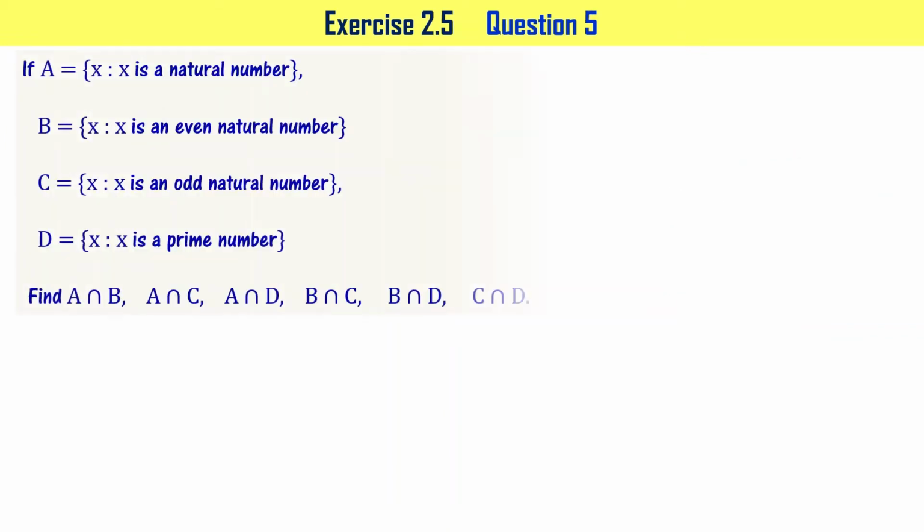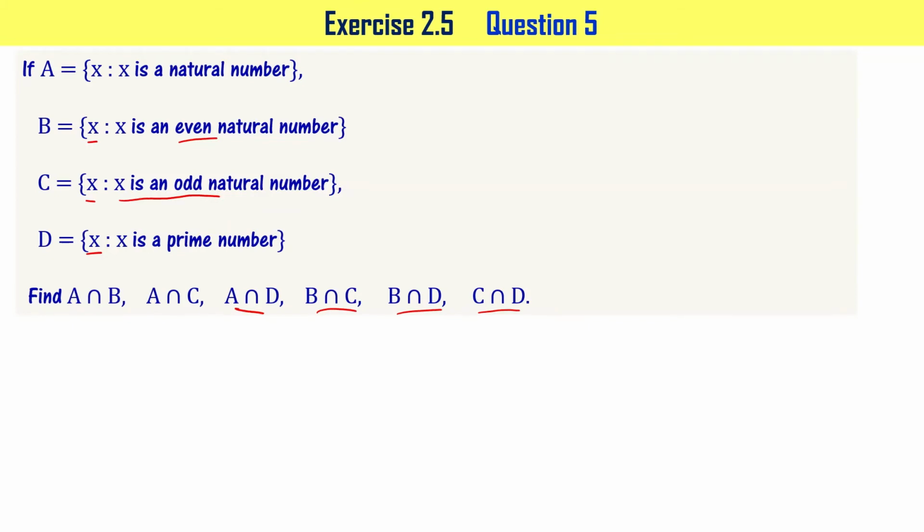Question number 5 is, if A is a set of elements X such that X is a natural number, and B is a set of elements X such that X is an even natural number, and C is a set of elements X such that X is an odd natural number, and D is a set of elements X such that X is a prime number, then we are asked to find what is A intersection B, A intersection C, A intersection D, B intersection C, B intersection D, and C intersection D. To solve this problem, let's first write the given sets in the roster form.